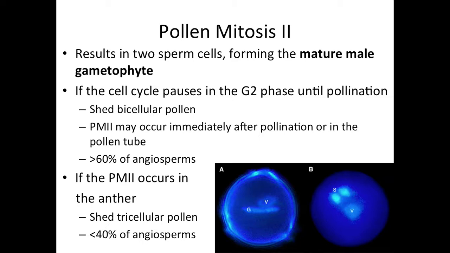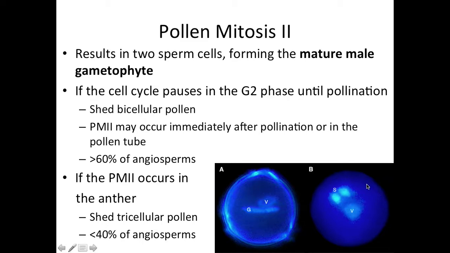So in many cases, the mature pollen is not the mature male gametophyte because you don't have sperm. If you have bicellular pollen, you don't have sperm. It's not a mature male gametophyte.